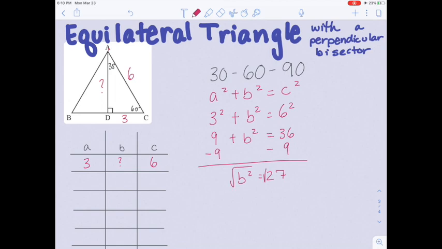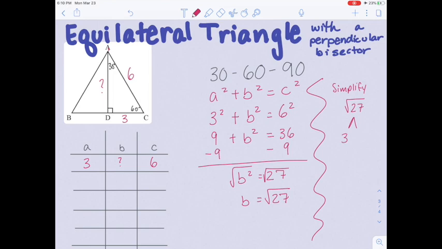We have to square root both sides to get b equals the square root of 27. And now we need to simplify. What is the square root of 27 simplified? I want to ask myself, like in the past, are there any perfect squares in 27?